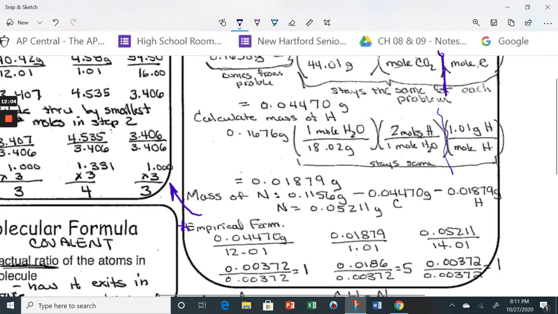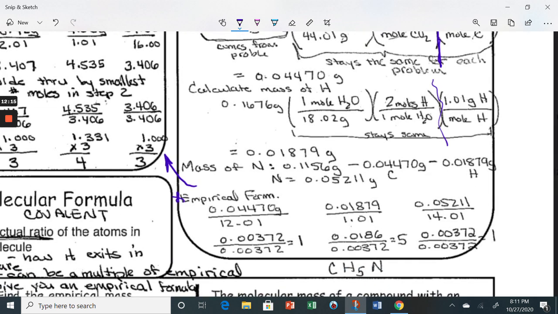But you can say, oh, I'm going to do this calculation, and then I'm going to write down my moles of carbon. I'm going to do this calculation, and then I'm going to write down my moles of hydrogen. I just went back and said, oh, I didn't stop, so I'm going to have to find the moles. So I calculate the moles. So this is step 1 and 2. Okay, and this is step 3 and 4 of doing your empirical formula.